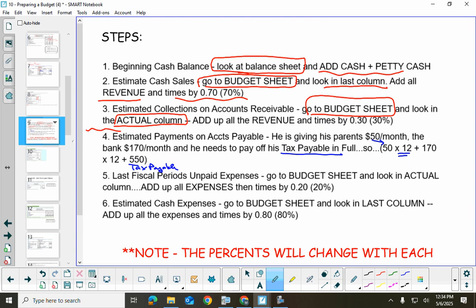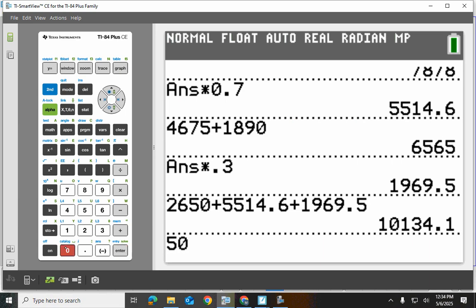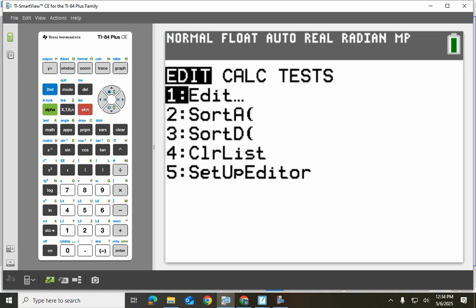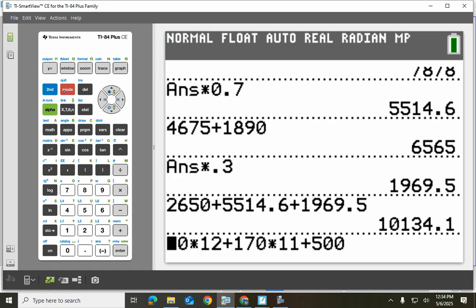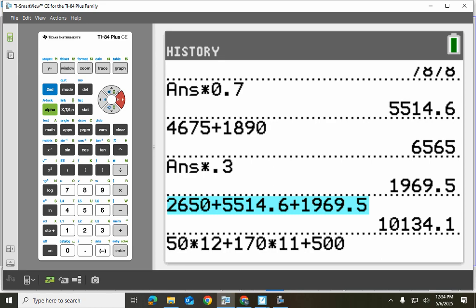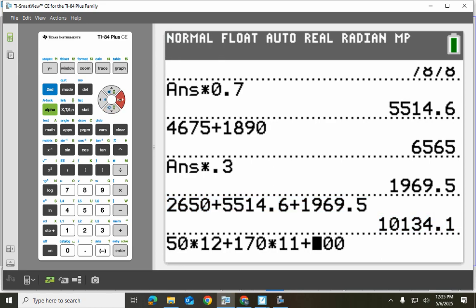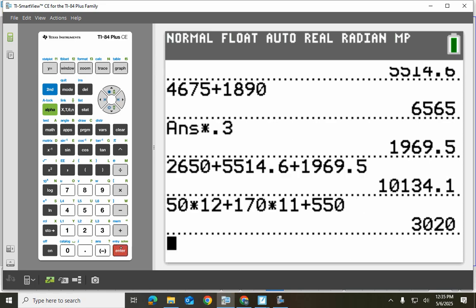Okay, so 50 times 12, 170 times 12. Oh, it's times 12, not 11.